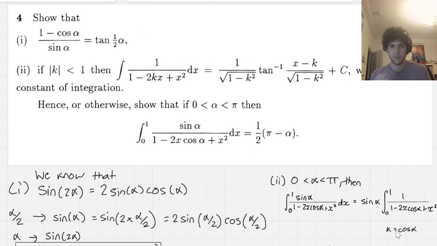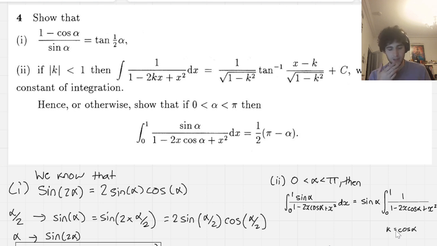So it's perfectly fine to take the answer for the indefinite integral and evaluate it from 0 to 1 with k being cosine alpha. Okay, fine. So let's do that.